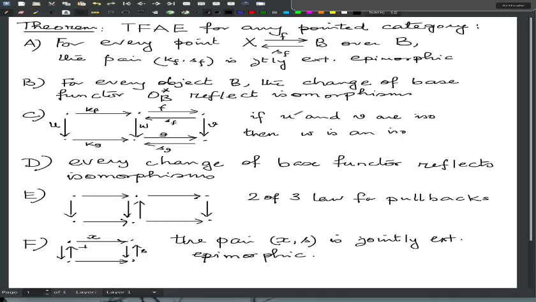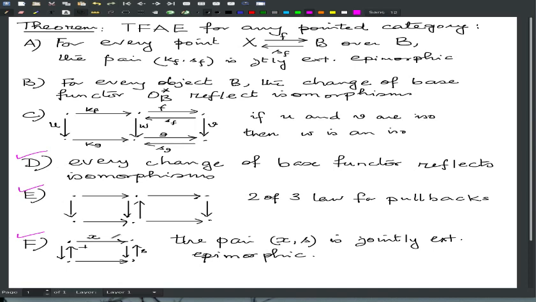The statement is already written on the board, and then we observed that this one was pointed, needed the zero object, this one needs the zero object, this one also needs the zero object, whereas this one and this one doesn't need the zero object.